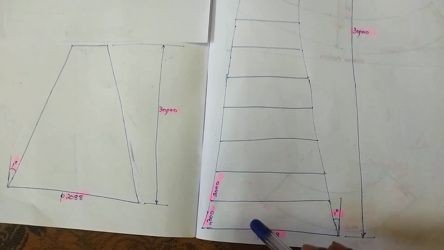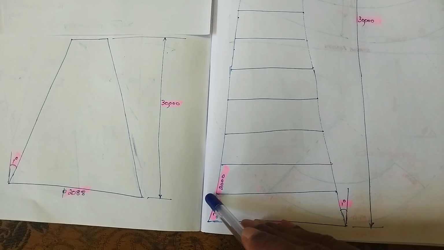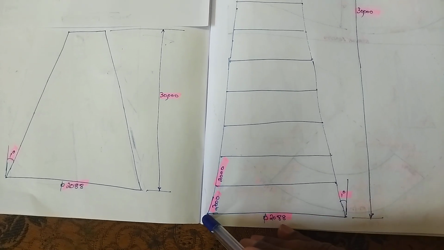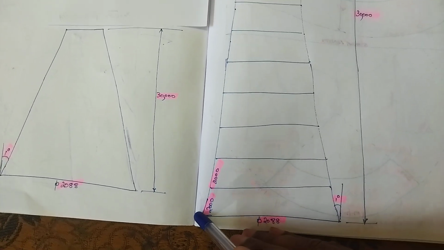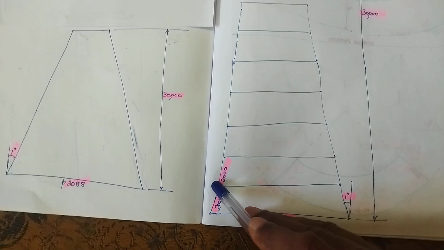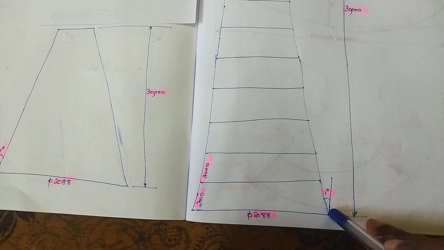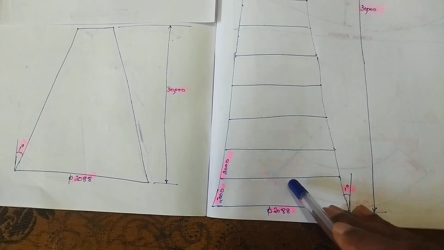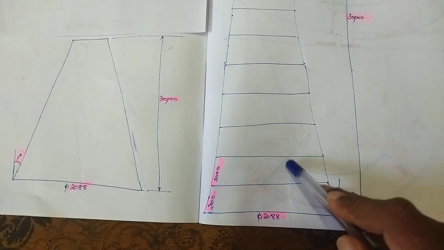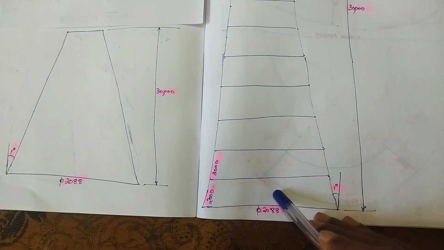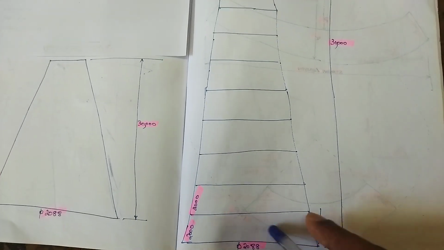Yesterday and in its previous episodes, we were trying to find out the development of the bottom portion. It starts from here to here and to here. This cone, not that cone or this cone, this cone's development we were making.